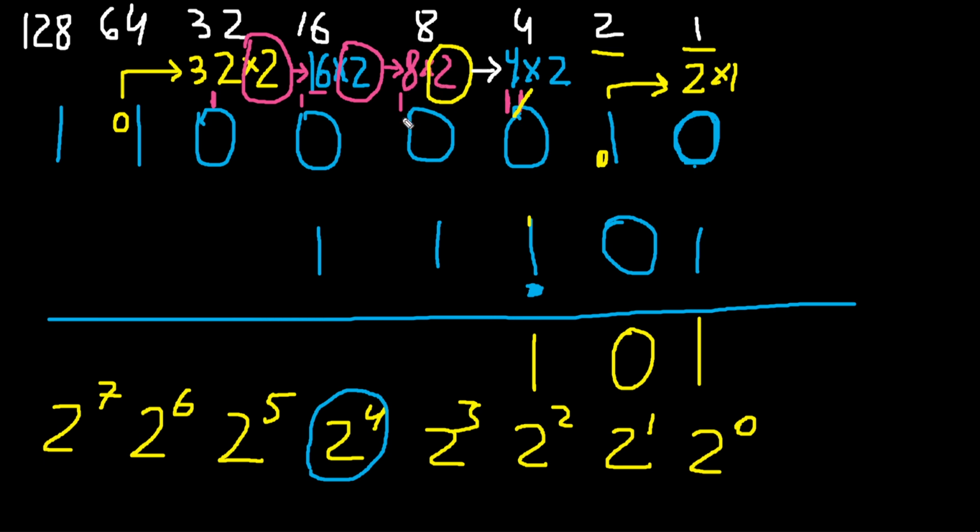Then here we have 1, you see, because it's leftover, and we have 1 here, and this is 0. Here we have also 1, and here we have a 1, so it's also 0. Here we have 1 because it's leftover. Here we have 0, and here we have 1.